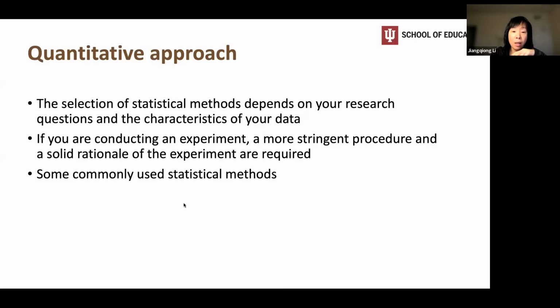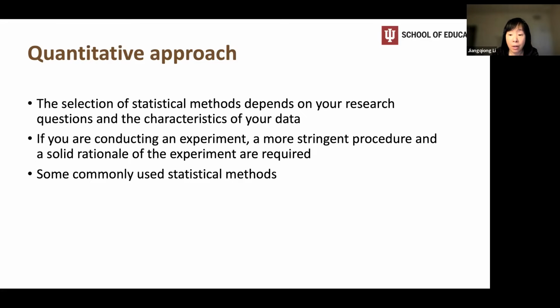So here I'm just introducing some popular quantitative approaches. Mainly with a quantitative approach you're going to deal with numerical data, and this data can be collected by yourself or be published third-party data, but the main difference from the qualitative part is we're going to work with numbers rather than text.